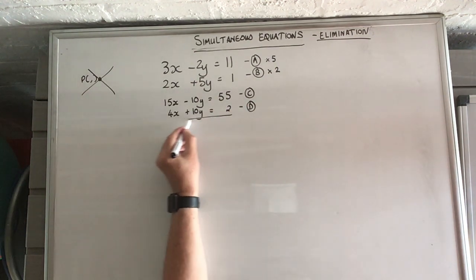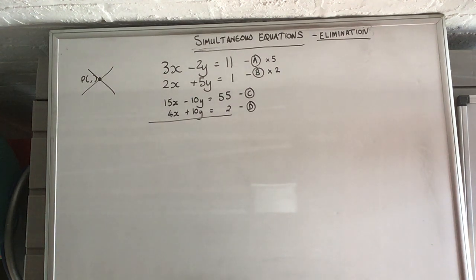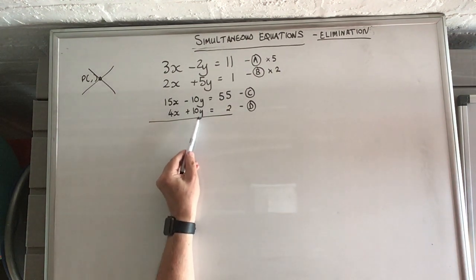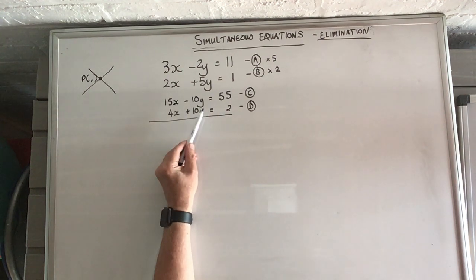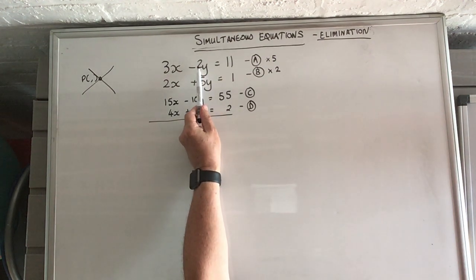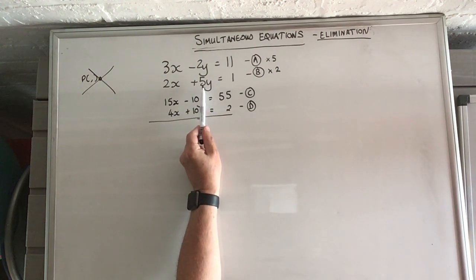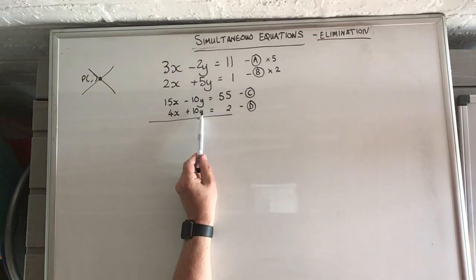Now, if we look at it, if I add these two together, negative 10y plus 10y gives me 0, it cancels out. That's why we multiply by 5 here and 2 here, so we could eliminate y.